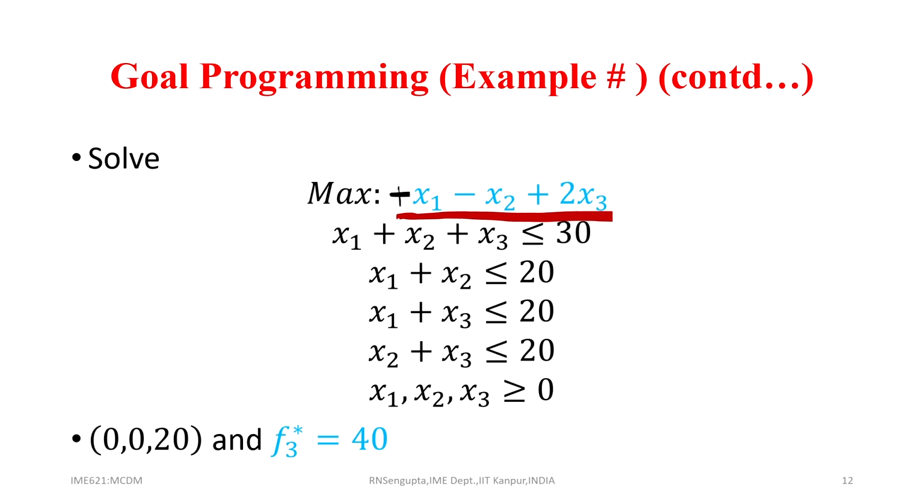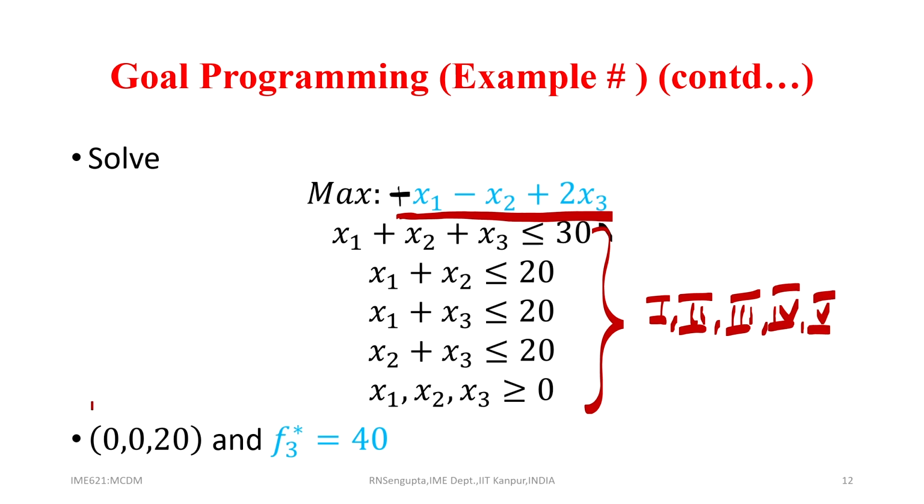So, this is the objective function, and the constraints are again 1, 2, 3, 4, 5.